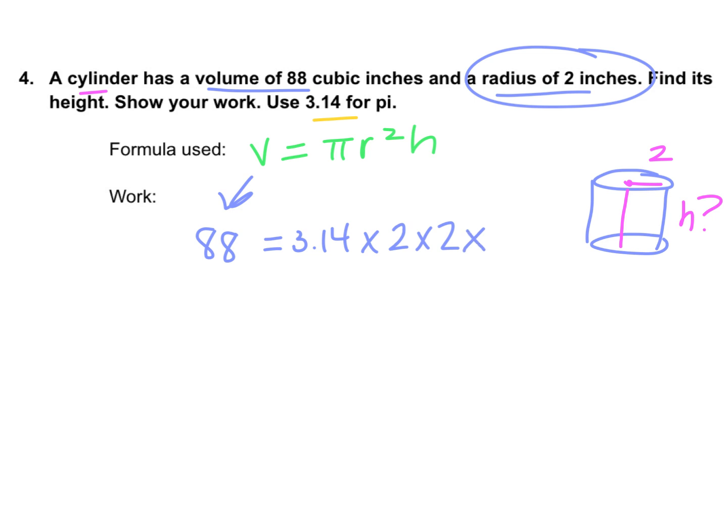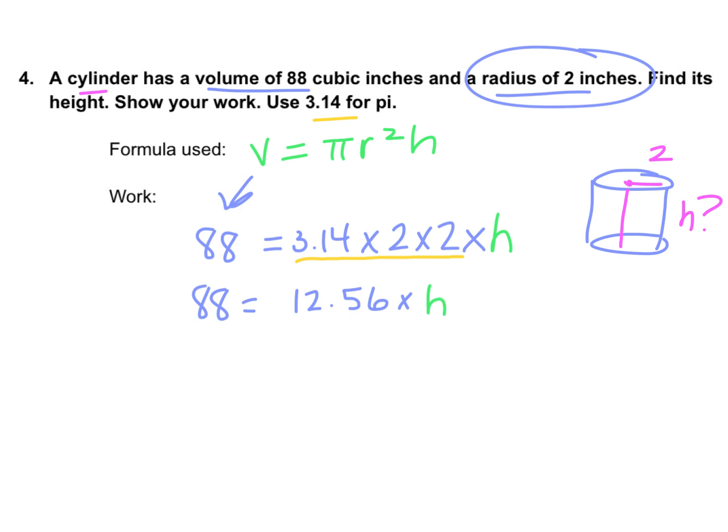But I don't know the height. We're trying to find the height. First I know I can simplify all of this. 3.14 times 2 times 2, and that gives me 12.56, and then times h.